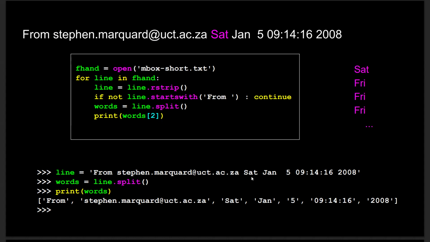Next, Sat is treated as a separate string, and the next one is separate as well. Like this it will give an output because we did not mention any delimiter. That's why it is printed like this.